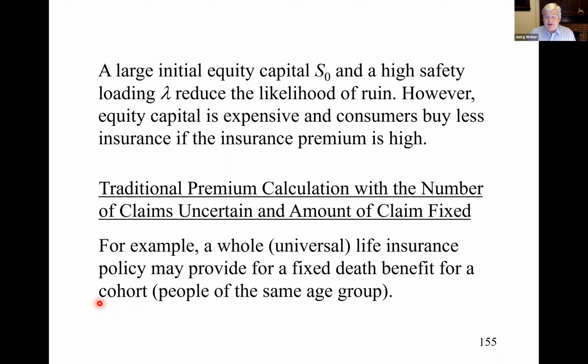So everybody gets the same amount when they die. So that is certain. So the amount of the claim is fixed. Everybody gets the same amount, but we don't know how many people die. We don't know how many claims there will be. So the number of claims is uncertain.